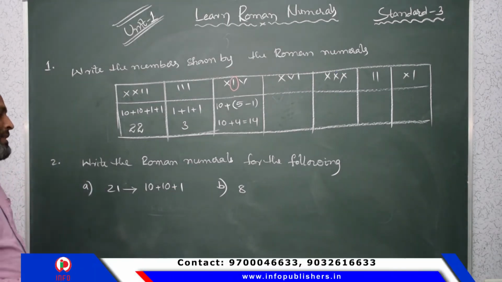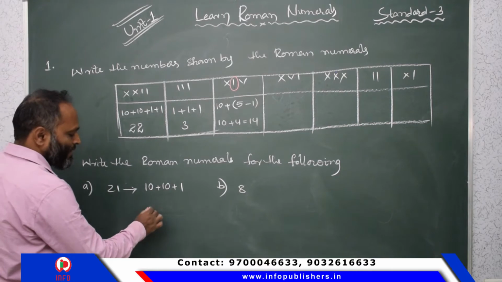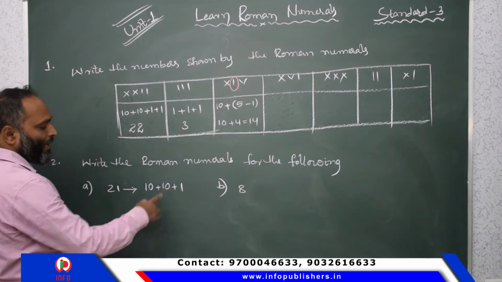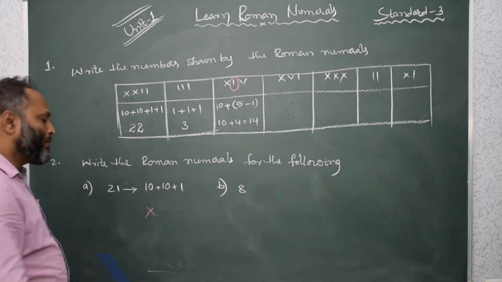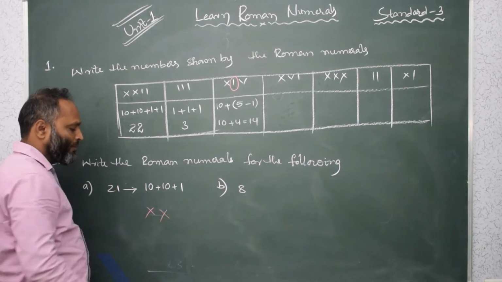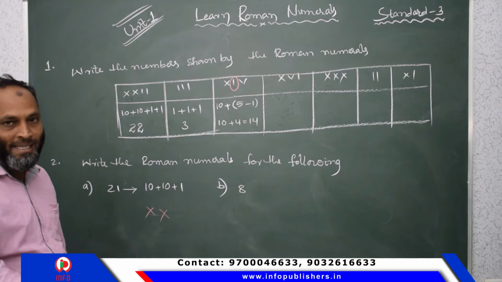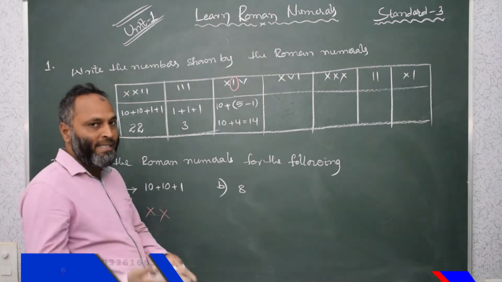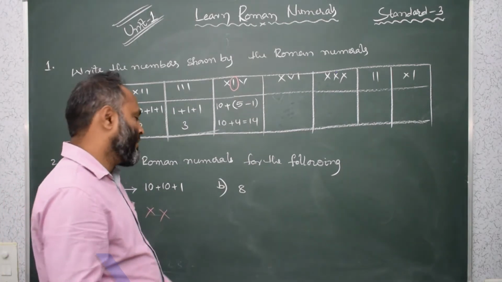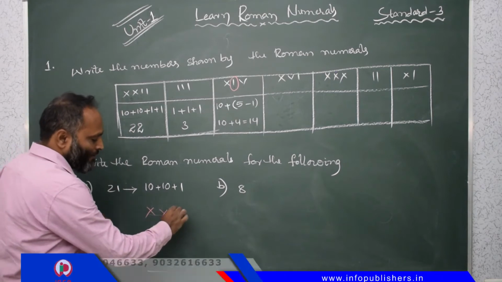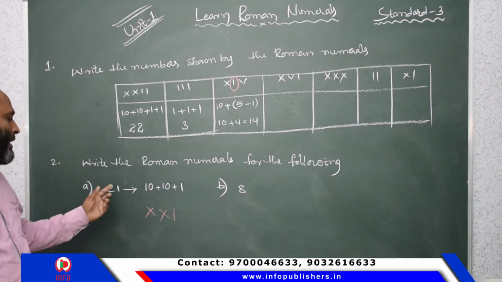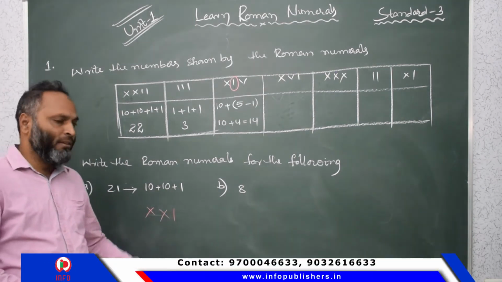The representation of 10 is X. Here 10 is repeated, so we take it 2 times, which means plus. After the bigger number, the smaller number is on the right side, which again is addition. Then 21 means X, X and I.